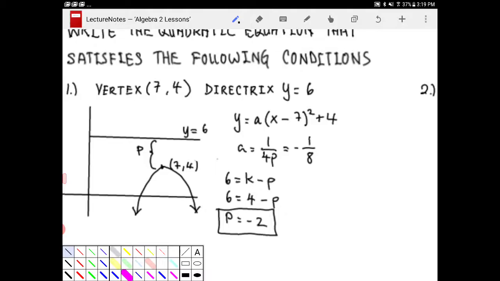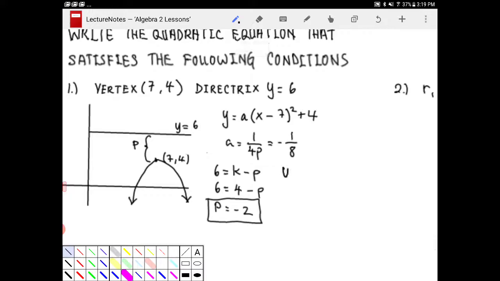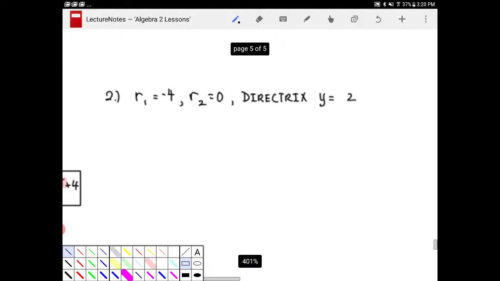And that is again going to reveal that this is going to be an upside down parabola. So the equation is y is equal to negative 1/8 x minus 7 quantity squared plus 4. That's the solution right there. And again, I didn't have to know that the parabola was upside down. The mathematics itself is sufficient in telling us that. Let's take a look at the second question.